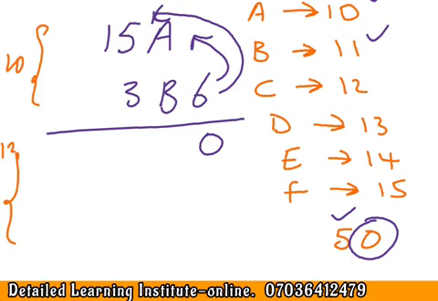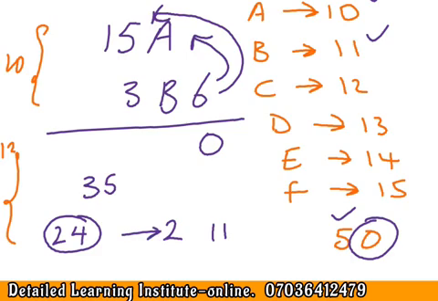So when we convert 35 to base 12, that will be giving us 2 remaining 11. Good. 2 remaining 11, and that's because in 35 we first of all meet 24, and 24 can be divided by 12 without a remainder to give us 2, and then 35 minus 24 will be what? 11.